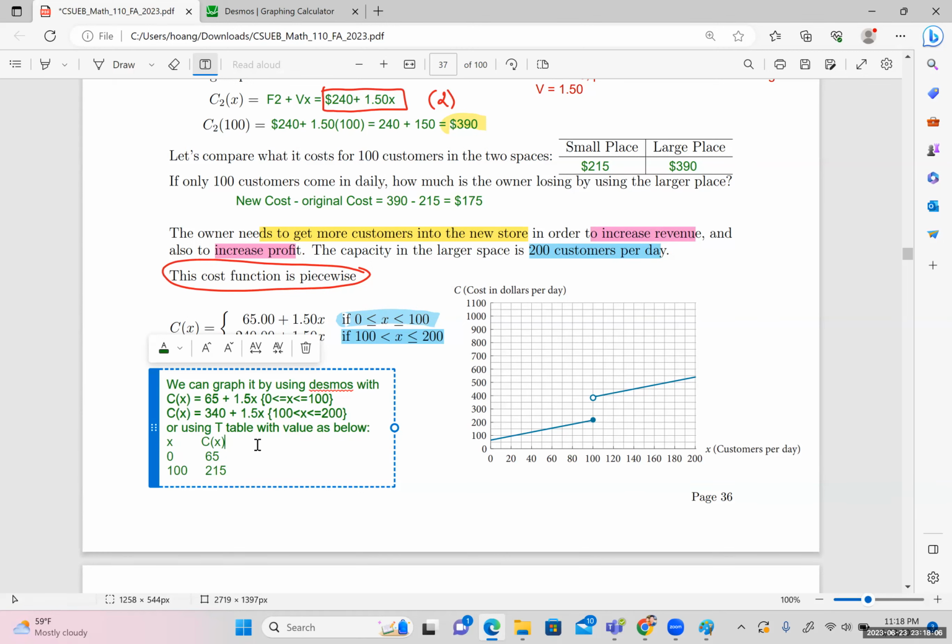For the second one, I may also make another table, C2, C2(X), and I also do 100, but that will not be a value on the graph.